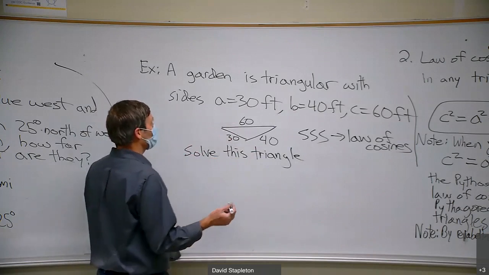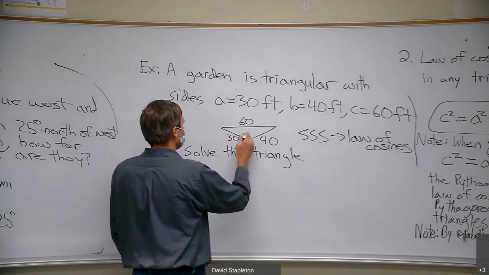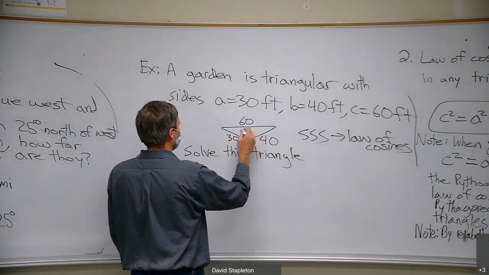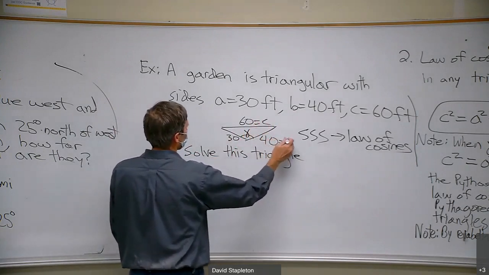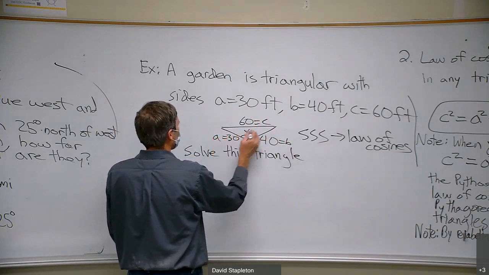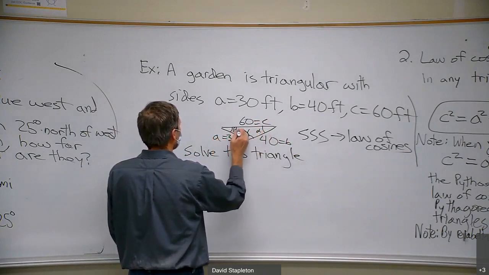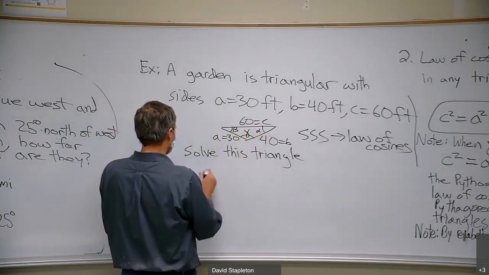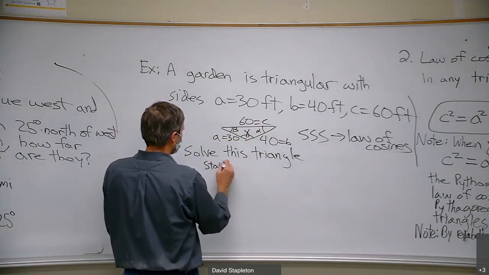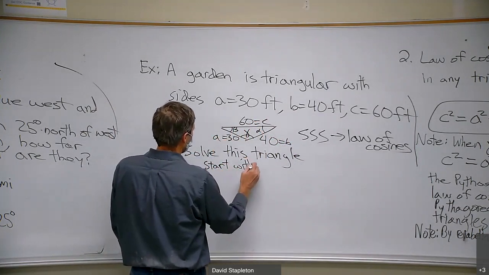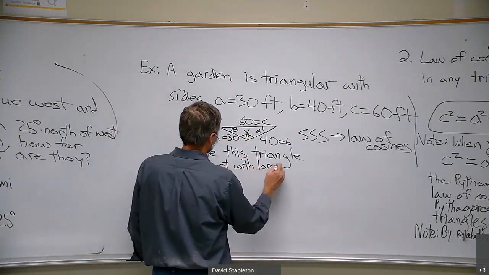What you preferably do is take the angle that's opposite the longest side. I'll call this gamma, and then this is C, and this could be B, and this could be A, making this alpha and this beta. Start with the larger angle. How do you know which one is the largest angle?